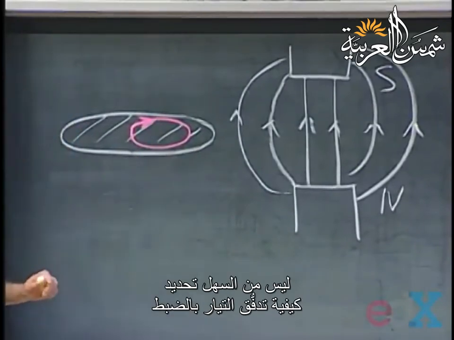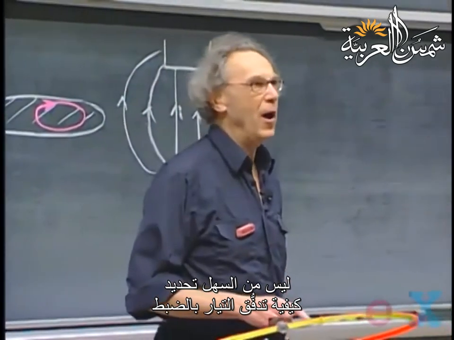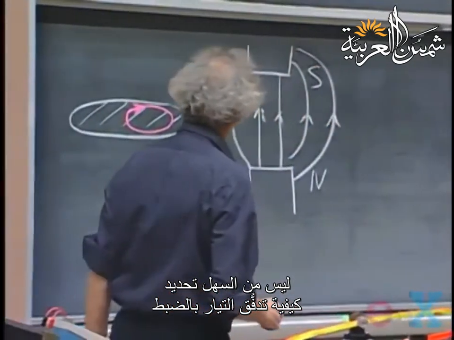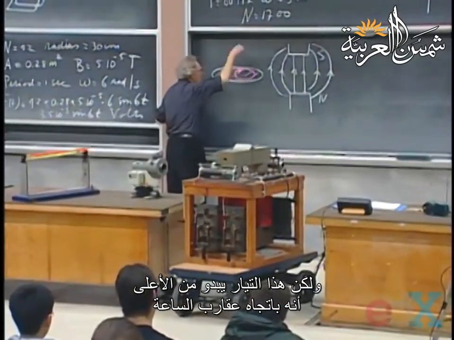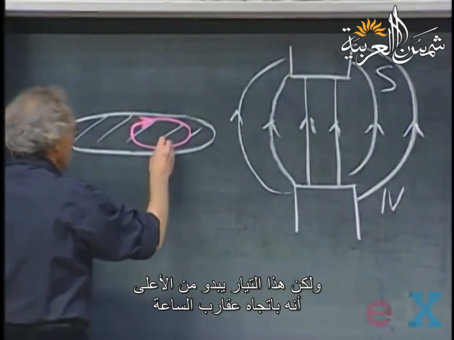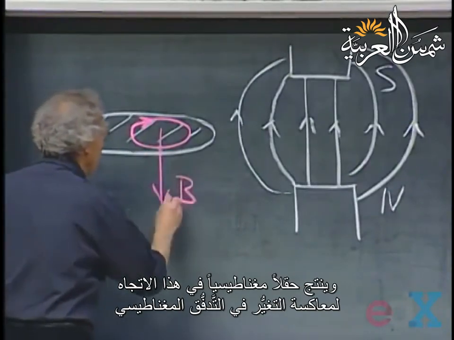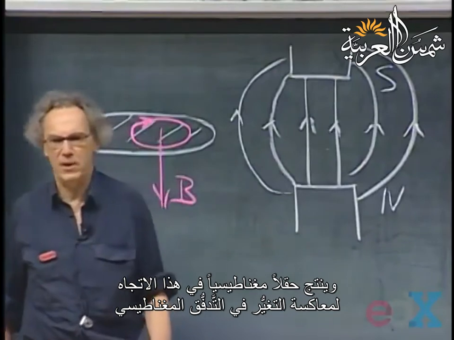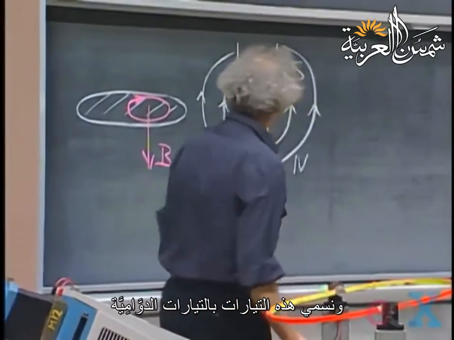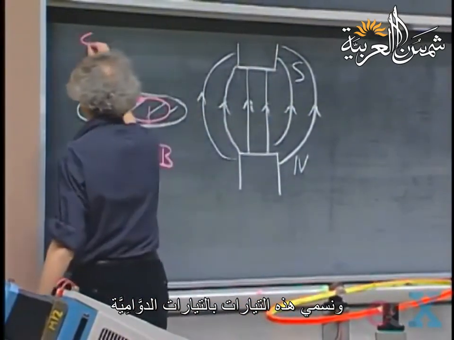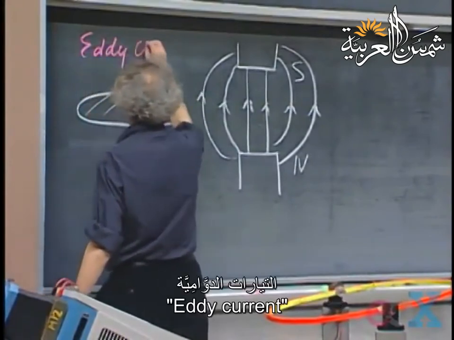It's not so easy to precisely determine how that current exactly flows. But this current will be seen from above clockwise, so that it produces a magnetic field in this direction to oppose the change in magnetic flux. And we call these currents eddy currents.